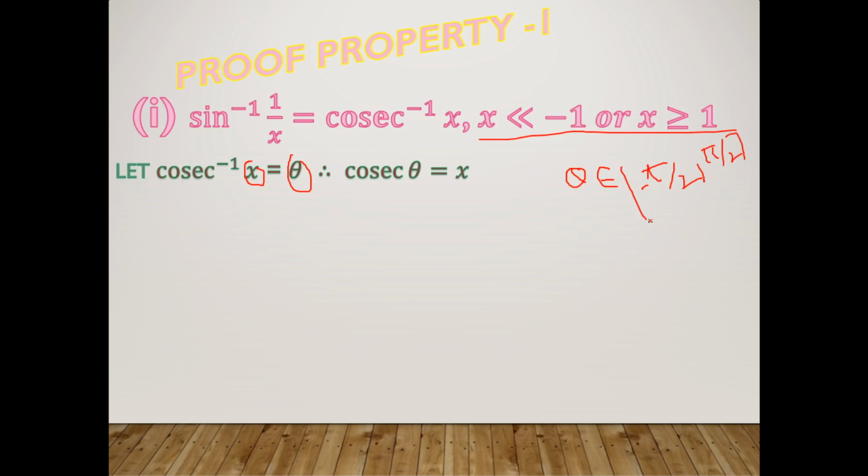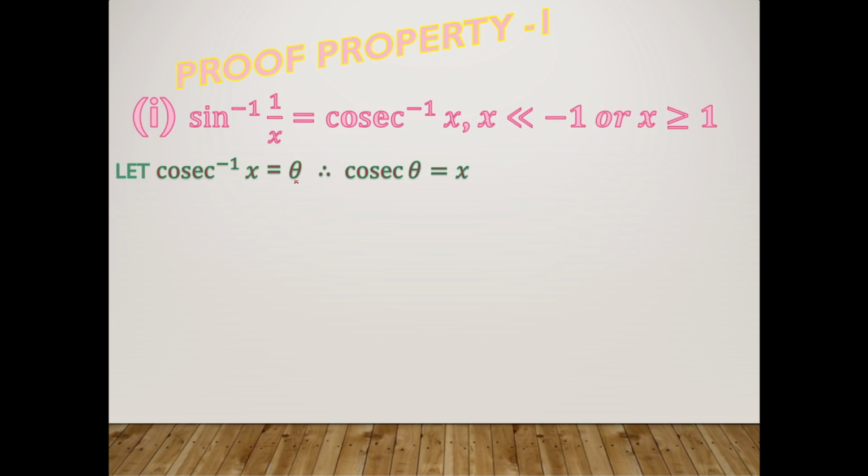Okay, this is the principal range of the inverse trigonometric function, that is cosec inverse x. So theta must lie in this interval for these values of x.